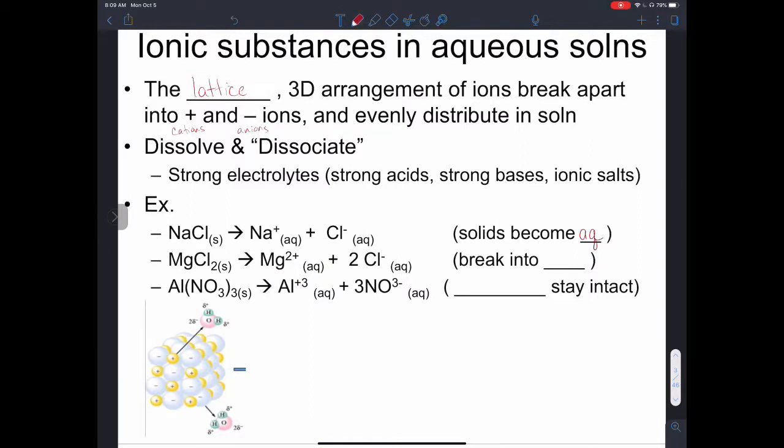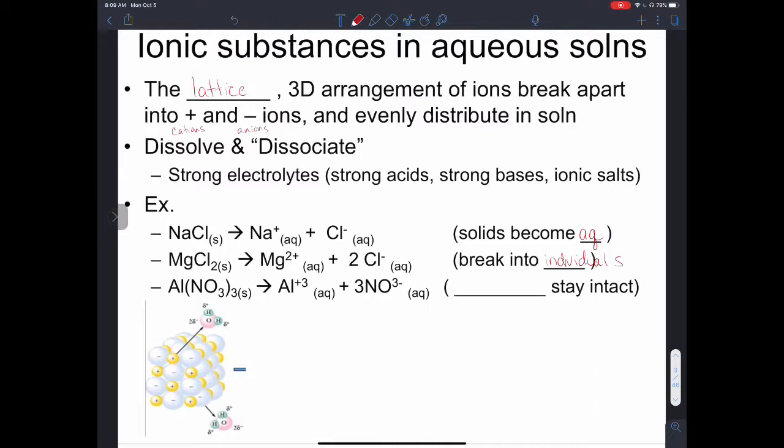So notice these ions break into individual particles. So the Mg is one particle, and each chlorine is its own piece.